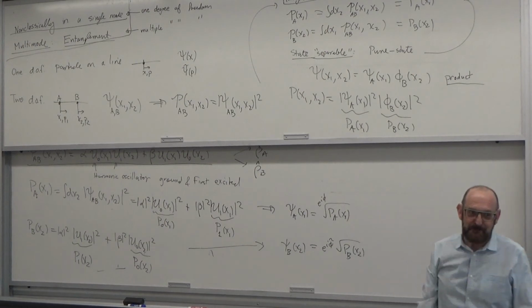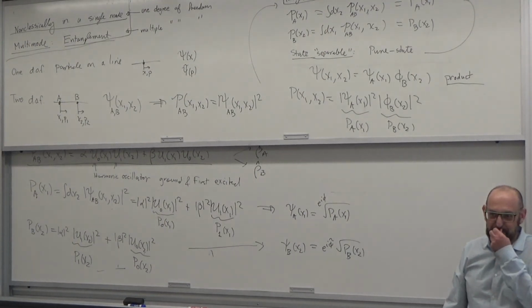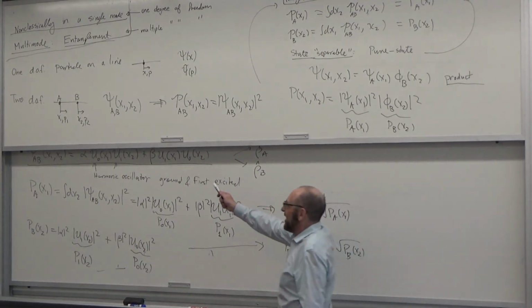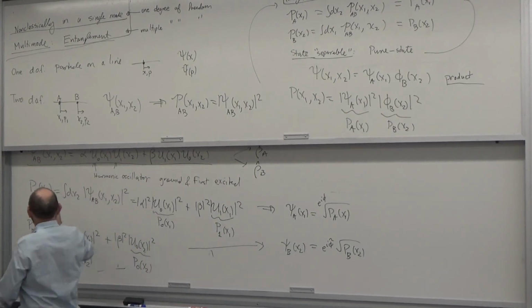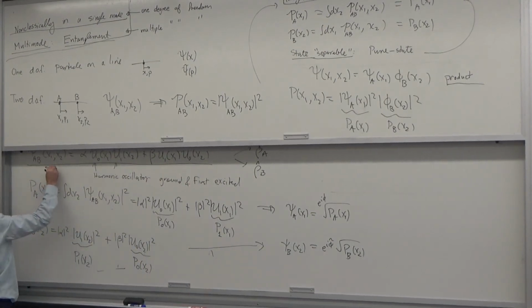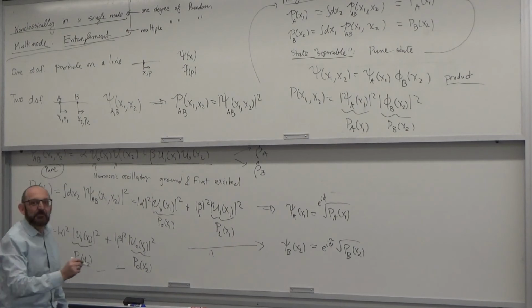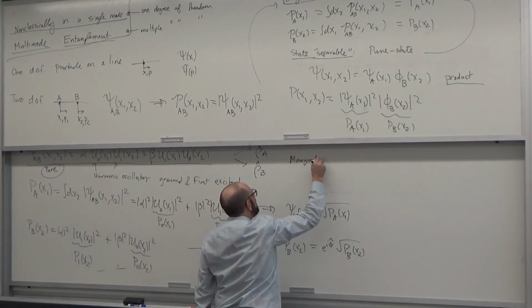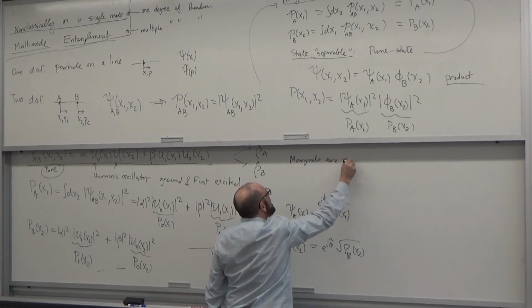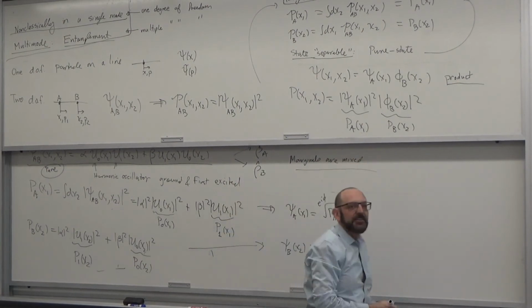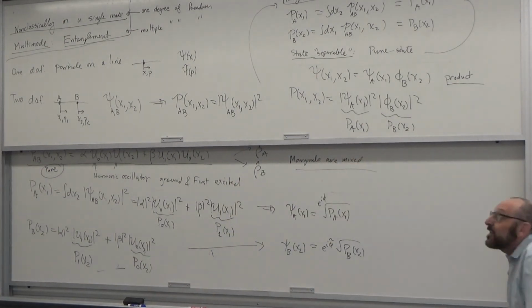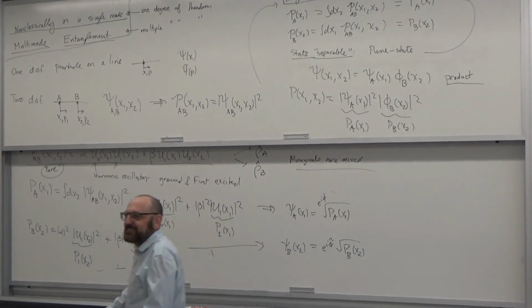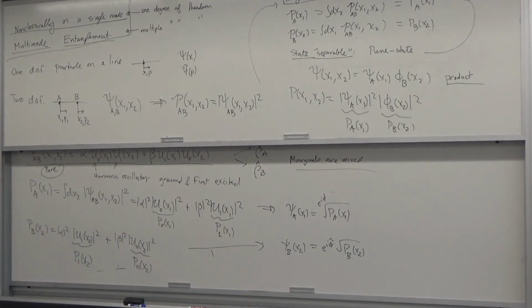Even though the joint state is a pure state, the marginals are mixed. Now, I love doing this because usually this is never introduced in terms of wave mechanics, but it should be. It's not just about matrices.